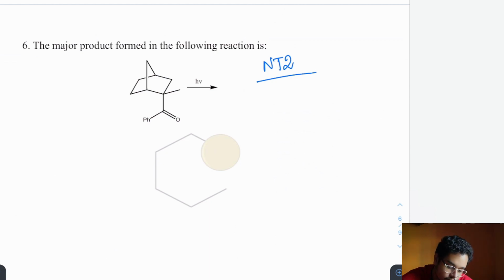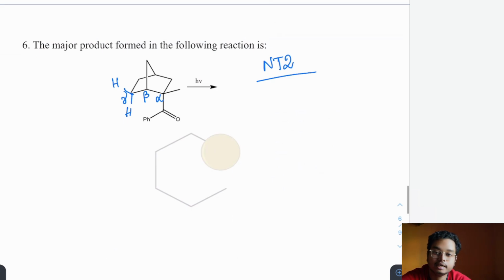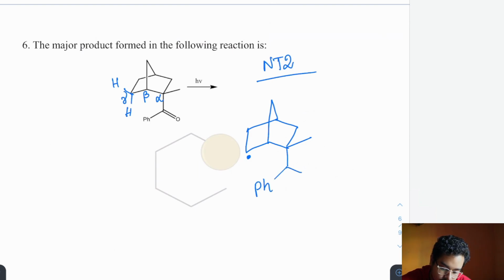However, this is also alpha, beta, gamma. Why not beta gamma? Because this will make things complicated, and in reactions things will not be that complicated. So here the gamma hydrogen is there, so take it. What is the first intermediate here? We have already discussed so many questions. A radical is formed in the gamma position, pH, OH.